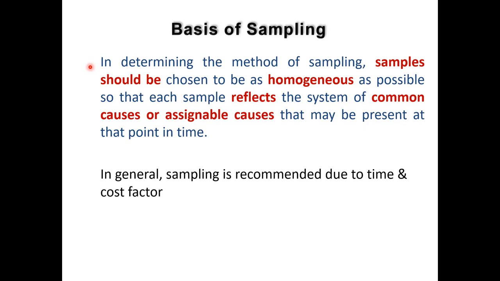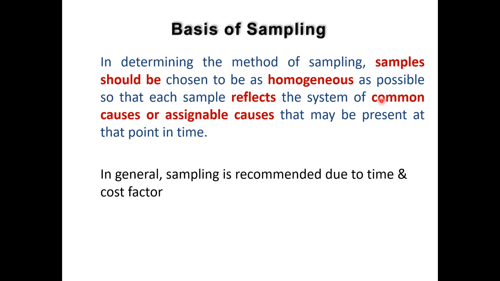This means that because your main objective is to identify the occurrence or the presence of assignable causes, the way you sample your quality characteristic, your products, should enable you to identify the presence of these causes of variation, may it be common cause, or may it be assignable cause.